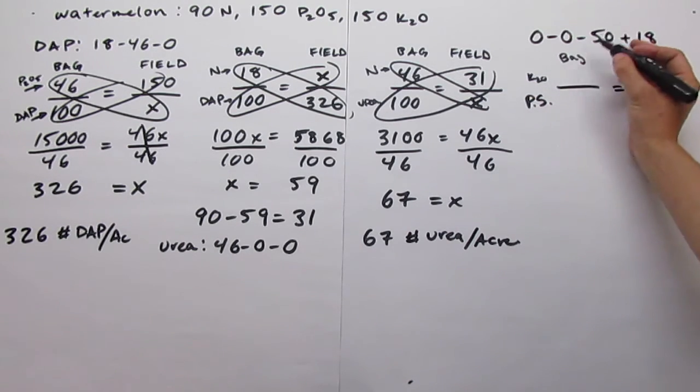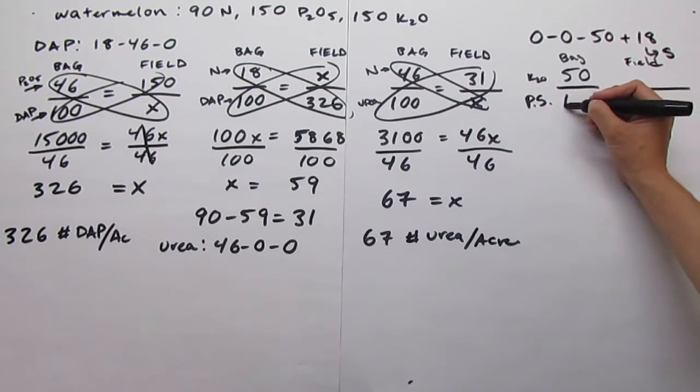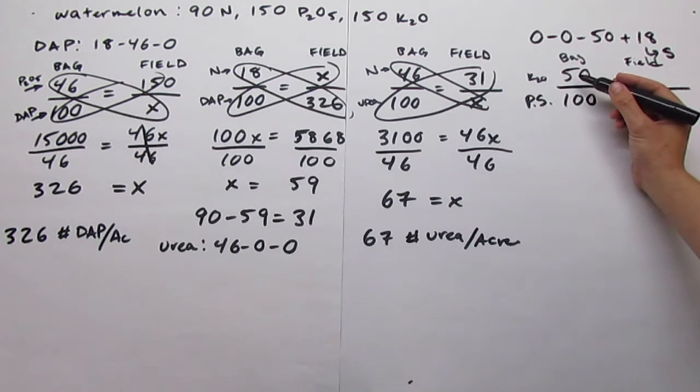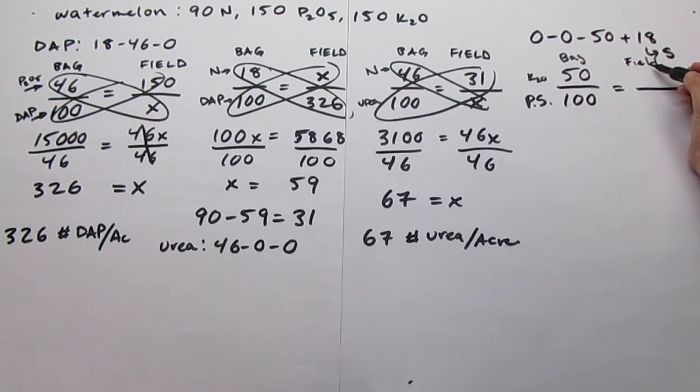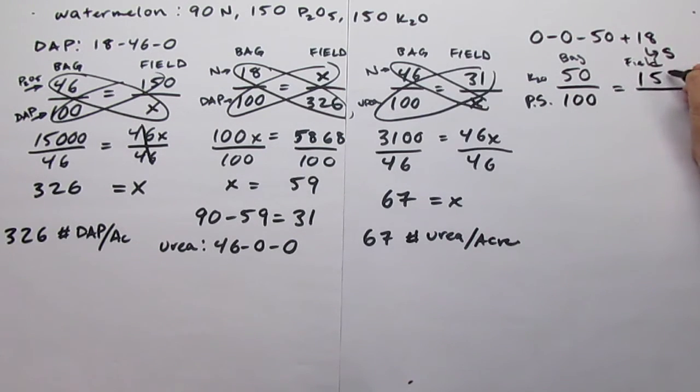K2O, we have 50% K2O in our potassium sulfate. So for every 100 pounds of potassium sulfate, there's 50 pounds of K2O. On the field, we need 150 pounds of K2O, and we're not quite sure how much fertilizer to apply.